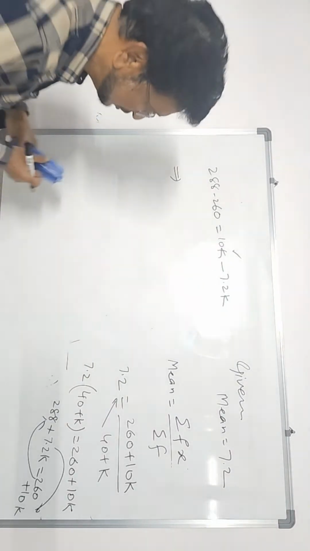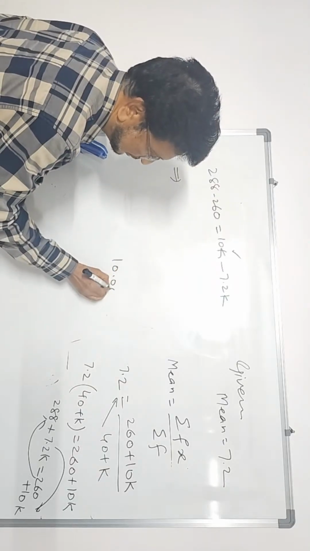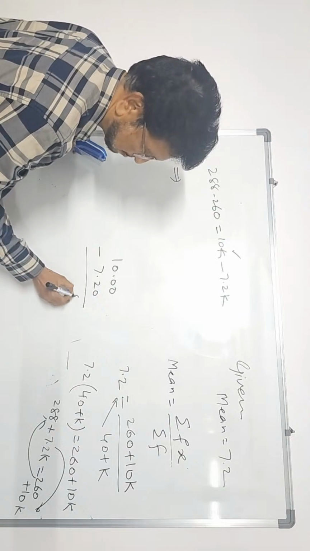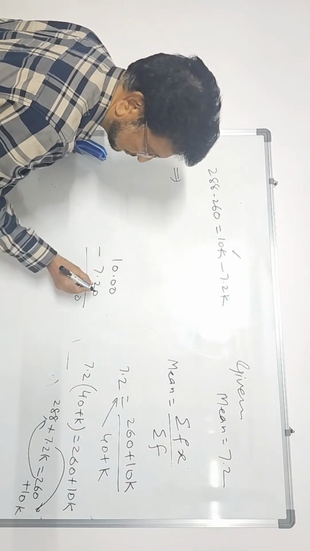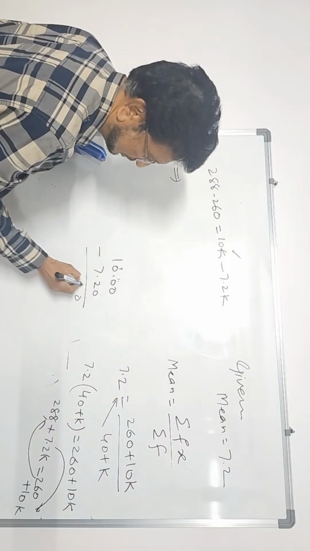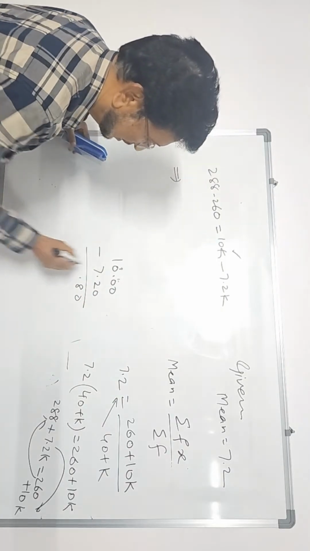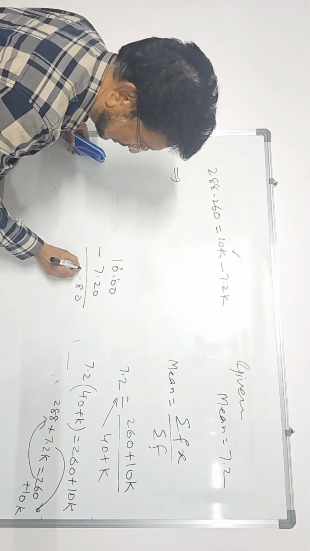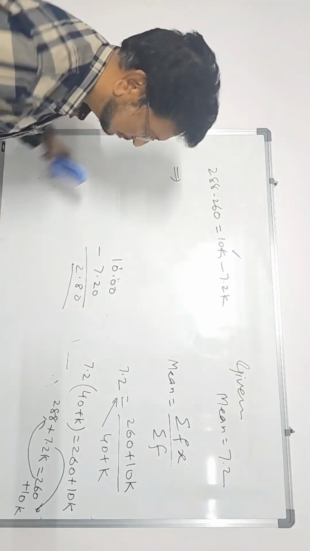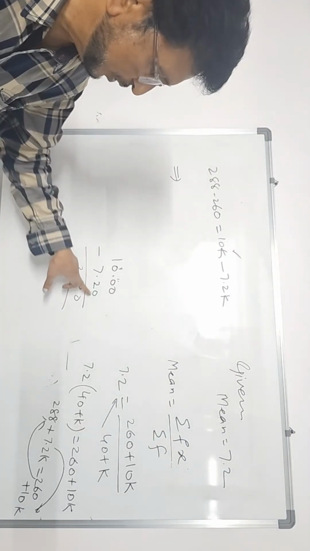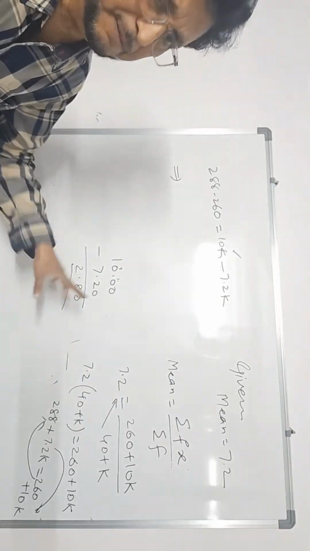Subtract these two. How will you subtract? 10.00, 7.20. Subtract it. Here 9 will be left, here 10 will be left. 10 minus 2, 8. 10 rupees minus 7 rupees 20 paisa will give you 2 rupees 80 paisa.